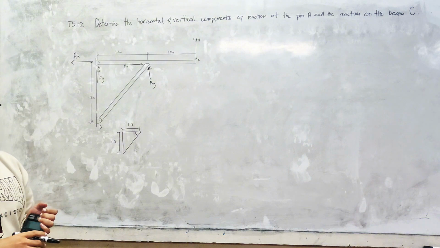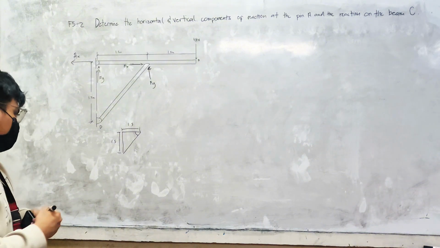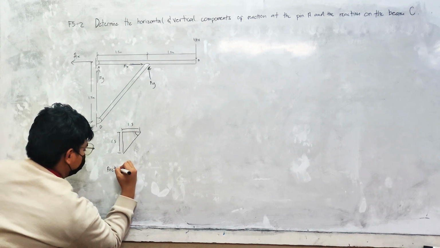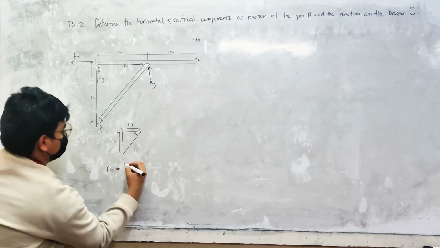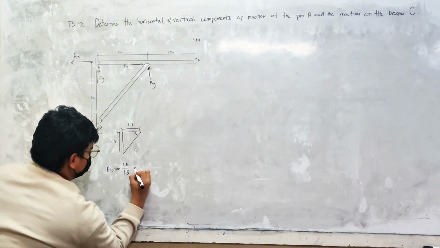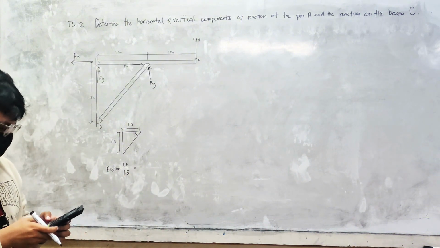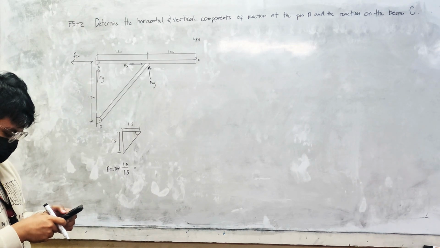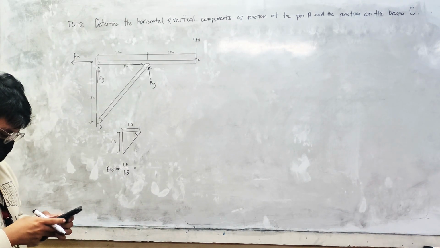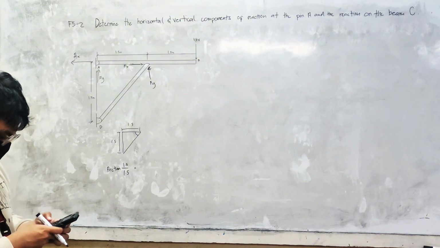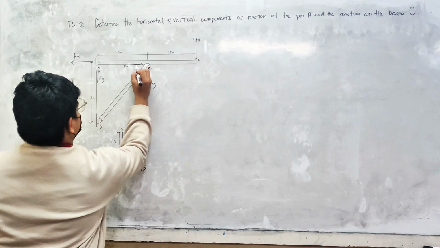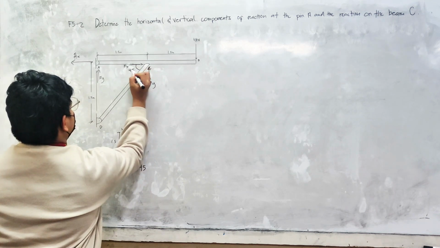So we're going to use arctan, which is the opposite divided by the adjacent. So which has the answer of 45 degrees. So here, which has 45 degrees.